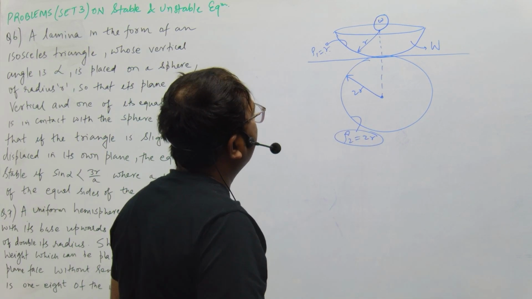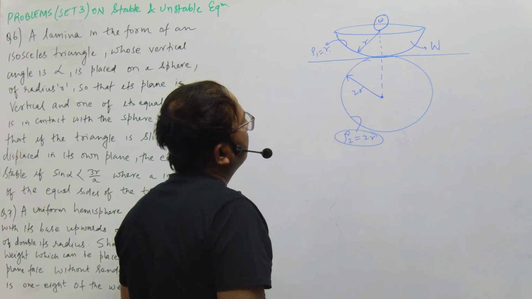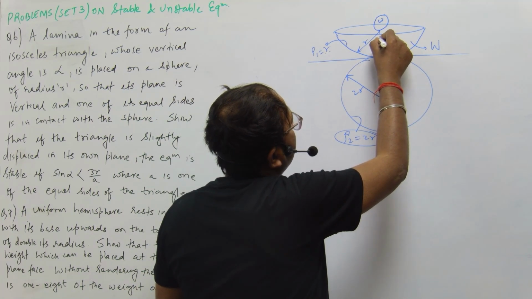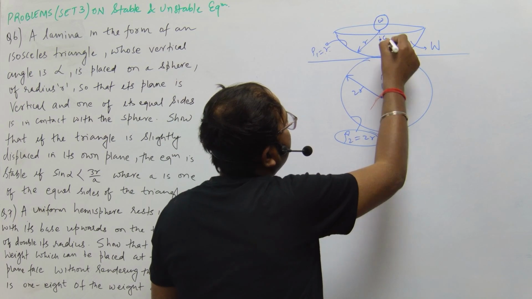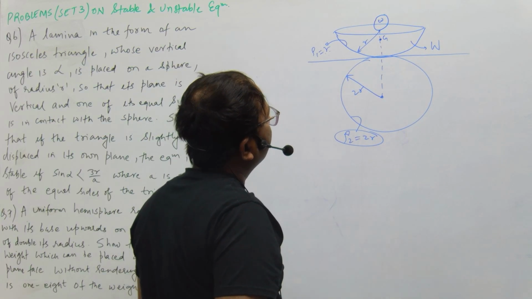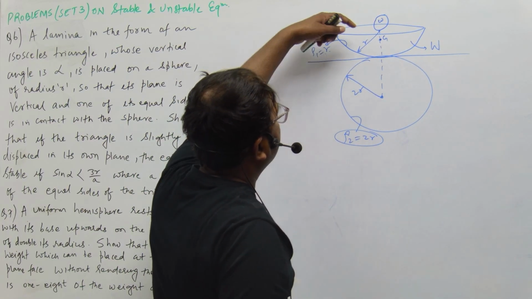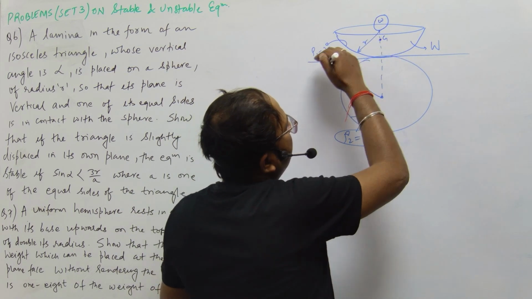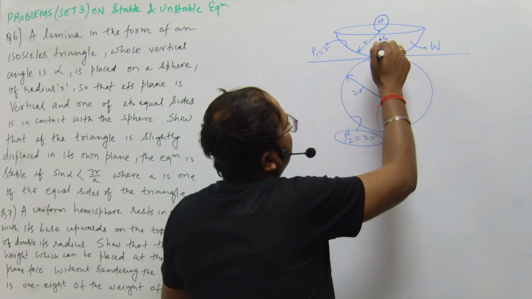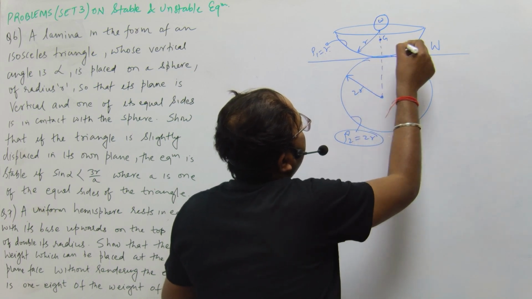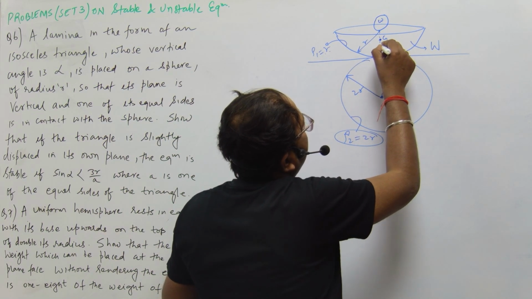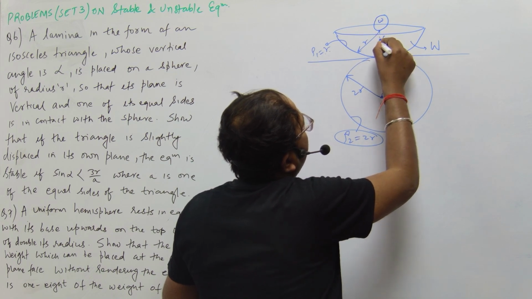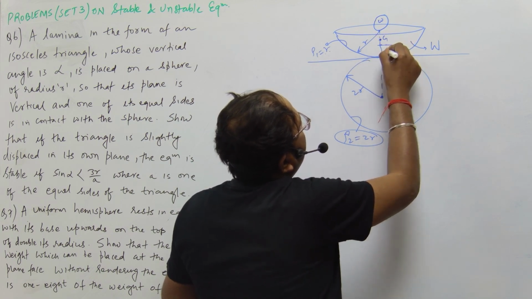Let us take G as the combined center of gravity of this whole system. The center of gravity of the hemisphere from this particular line is 5r upon 8, somewhere here.